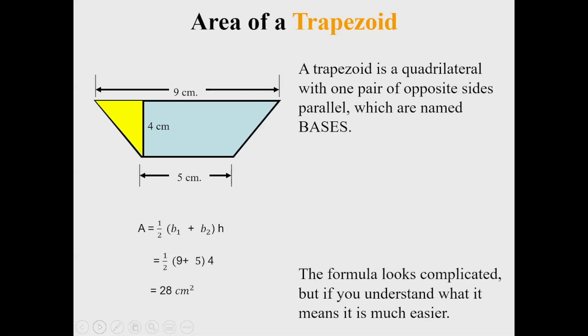The formula to find the area of a trapezoid is 1/2 sum of the bases times height. The bases are normally represented by B1 and B2.